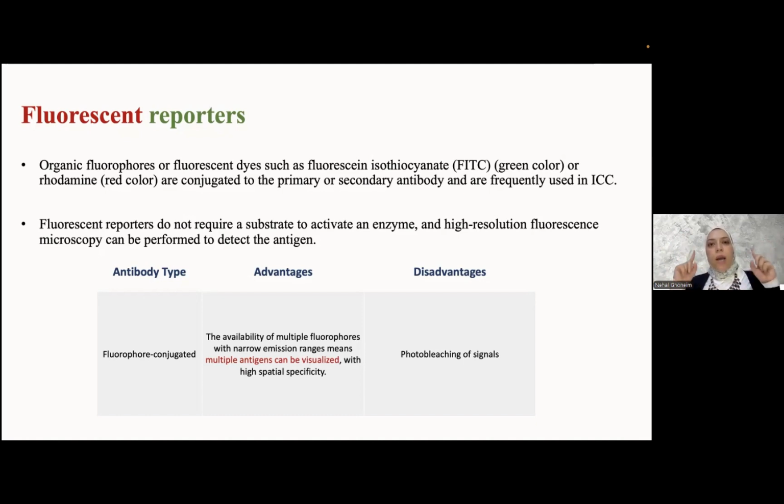So in the case of multiple antigens to be visualized simultaneously, you have to choose different hosts of the antibodies, anti-mouse with anti-rabbit, or anti-goat with anti-rabbit or anti-mouse, and so on. And you should also take care to choose different fluorophores, different colors, so each antibody gives a different fluorophore.